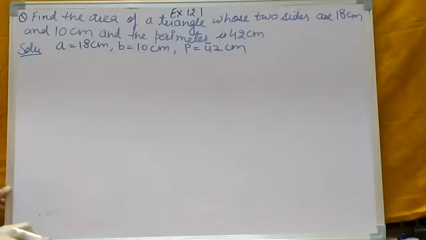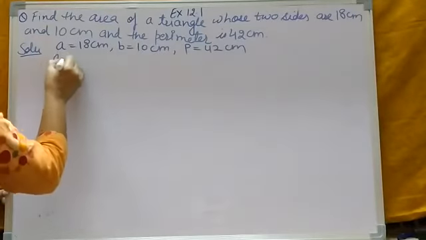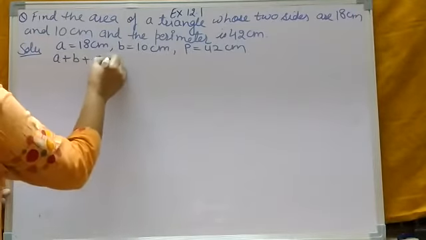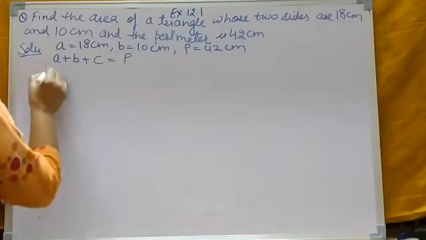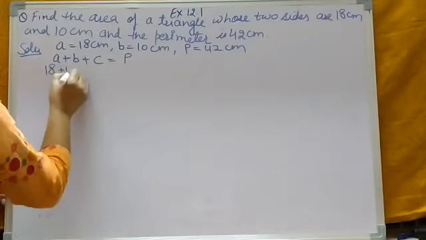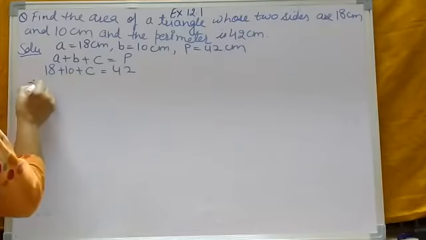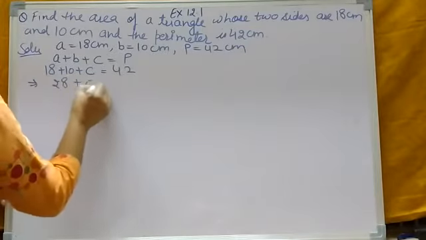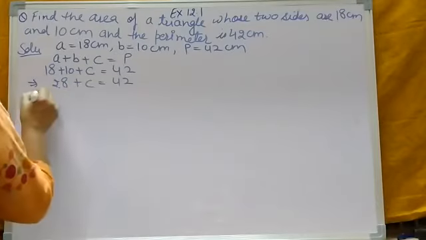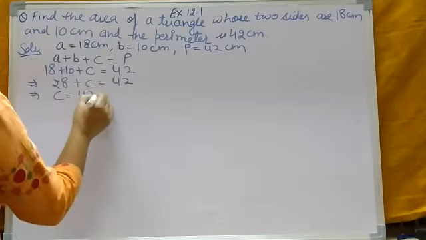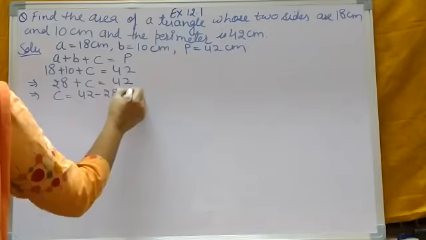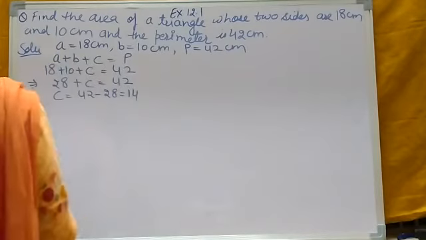Perimeter of a triangle is the sum of three sides. a plus b plus c is equal to perimeter. 18 plus 10 plus c is equal to 42. 28 plus c is equal to 42. c is equal to 42 minus 28, 14.